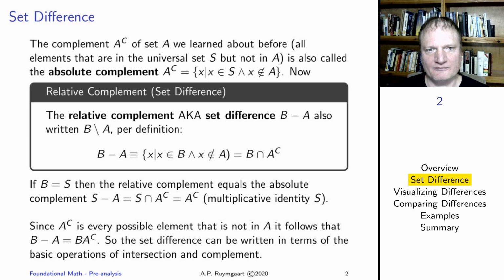Now first, if B happens to be the universal set S, then the complement equals the absolute complement. Then the relative complement ends up being equal to the absolute complement. Let's try it out. We'll substitute B with S. We get S minus A equals S intersection the complement of A. But we know that S, or our universal set, is the multiplicative or the intersection identity element.